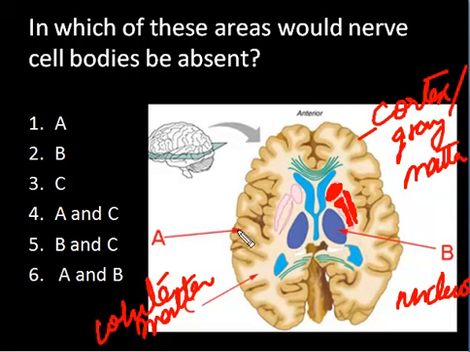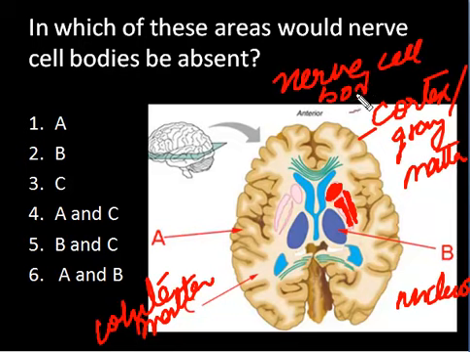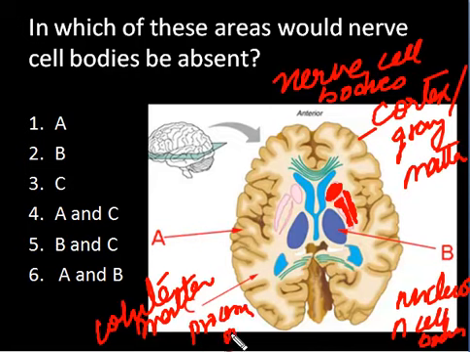Now, in A, the cortex or gray matter, you have nerve cell bodies. That means the cell bodies of a neuron are present, as also in the nuclei. So in the nuclei also you have nerve cell bodies. Whereas in the white matter, which is this area, all this lighter staining area, you have only processes, axons and dendrites.